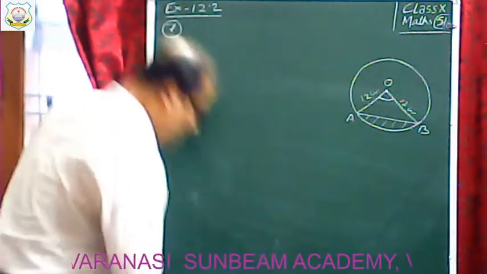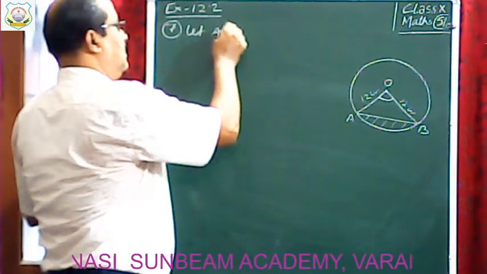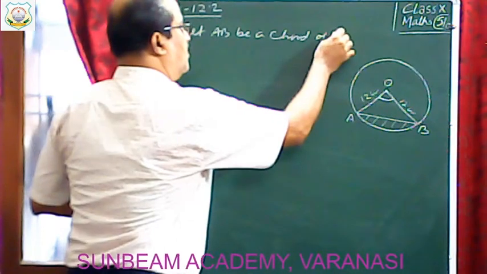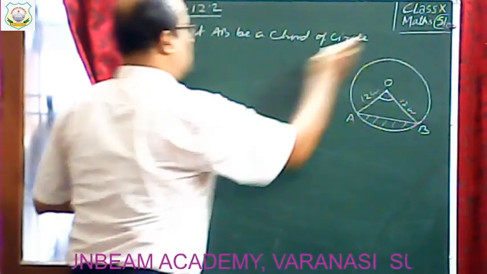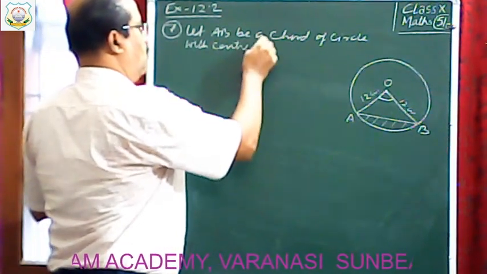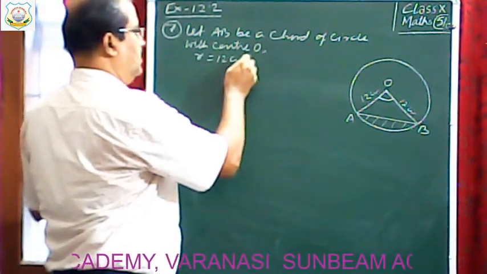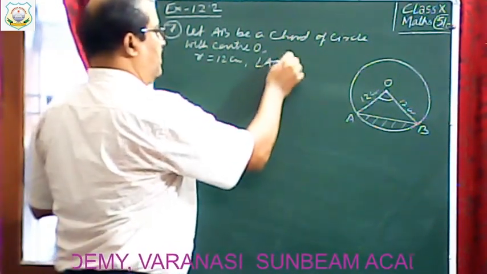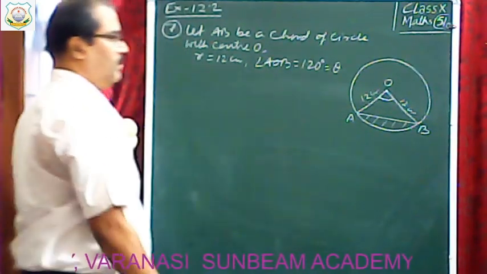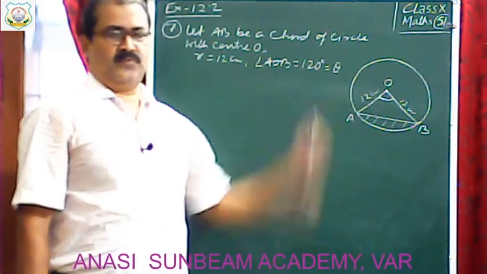For the figure you have drawn, let AB be a chord of circle with center O, radius equal to 12 centimeter, angle AOB equal to 120 degree, that is theta. Area of segment means area of sector minus area of triangle.